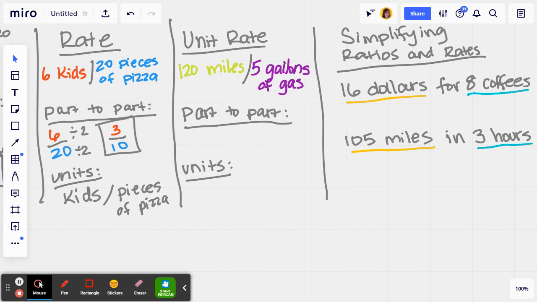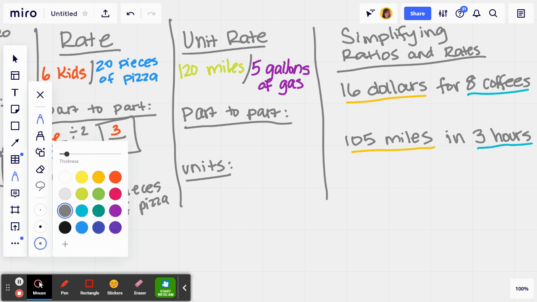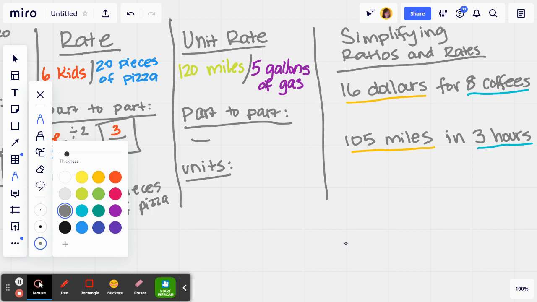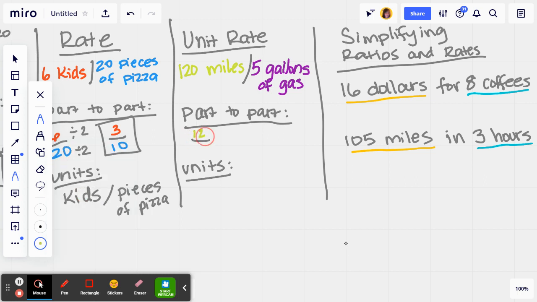Okay. So let's go ahead and start with a, just make a good old part-to-part rate. Okay. So I bet that was easy for you. And you have a nice part-to-part rate. And on top you have 120.